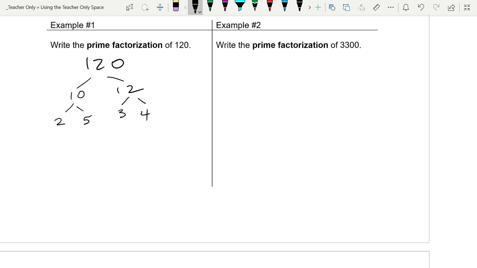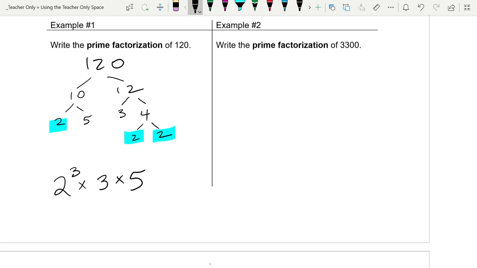And then we're not done yet. 2 times 2. So the prime factorization is 2 cubed times 3 times 5. Do you get why it's 2 cubed? Because there's 1, 2, 3 2's, right? All right.